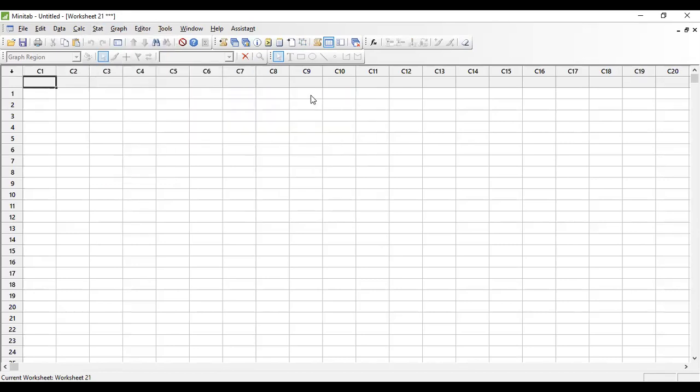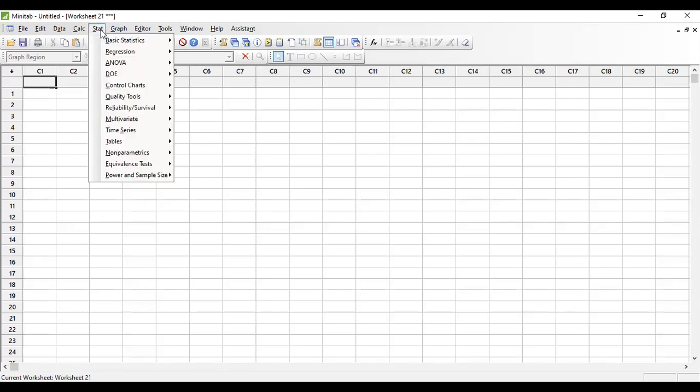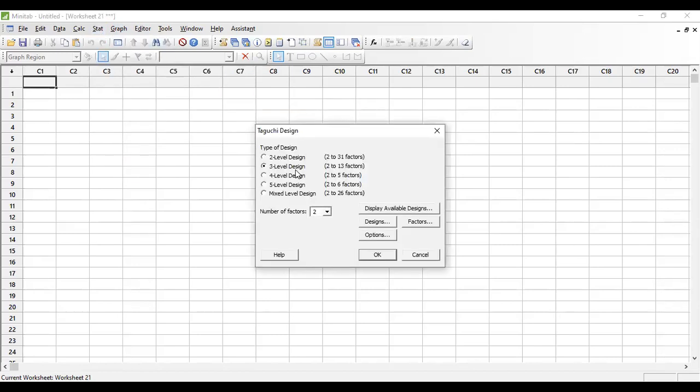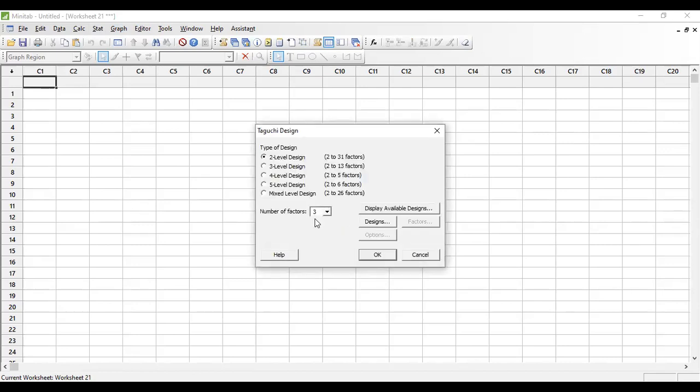Then mixture designs are available. You can try these things later. And there are different Taguchi designs. Can you remember Taguchi's L8 design? Here you can see Taguchi's L8 design. How many factors? 3 factors at 2 levels.